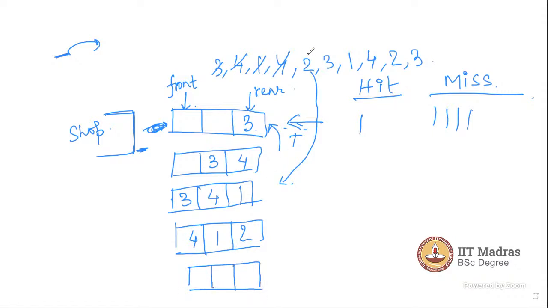Yes, sir. And the next time 3 is not in the buffer. So you can say 5 misses occur. 1, 2, 3. And the next time 1. So 1 is already in the buffer.